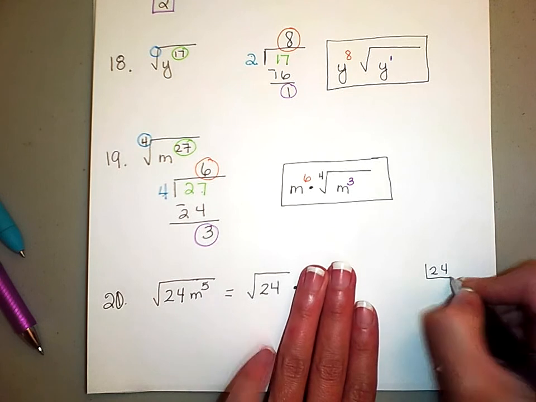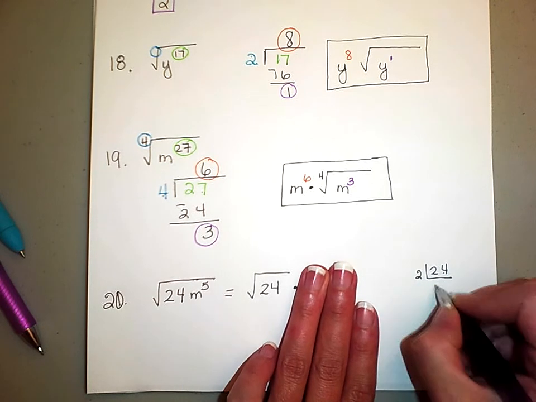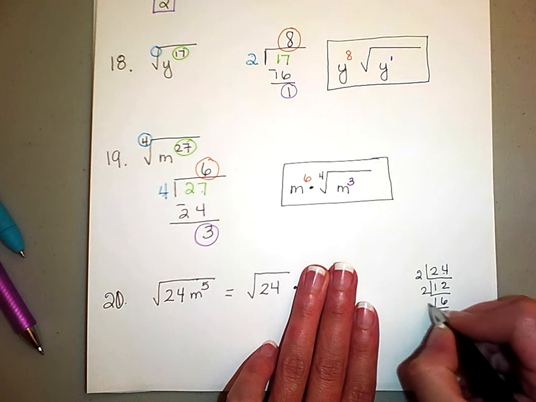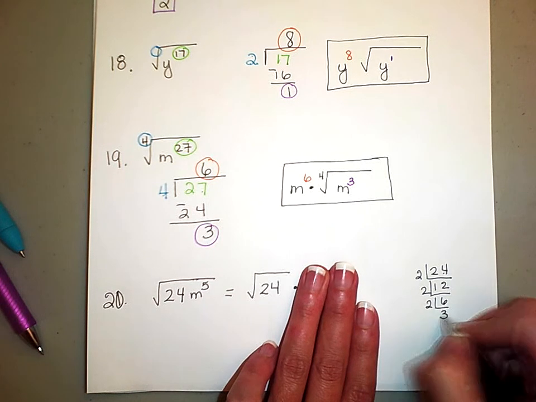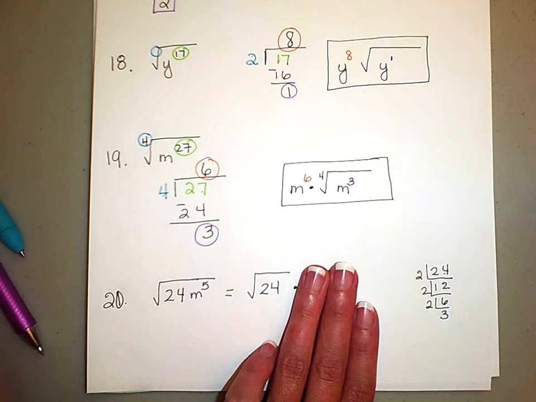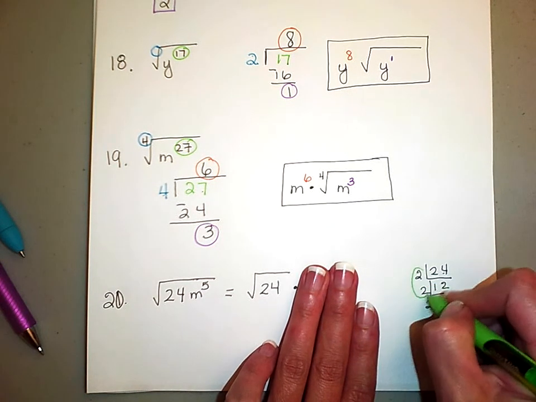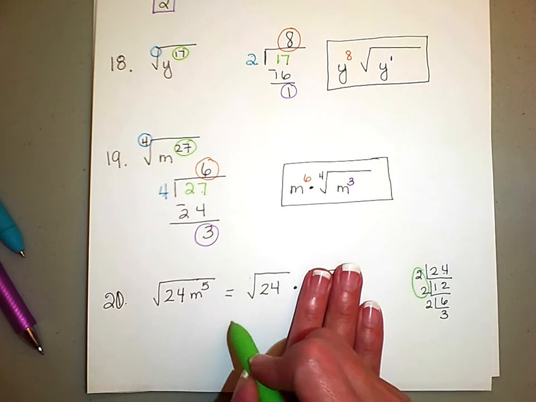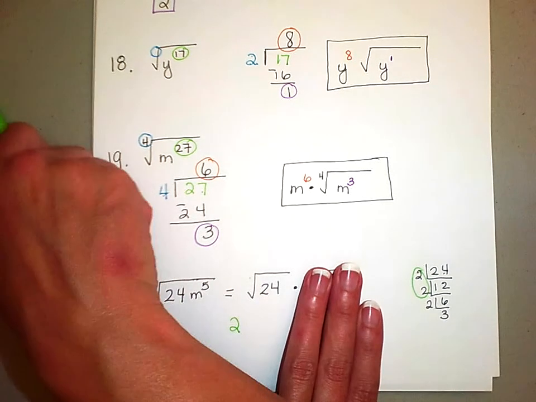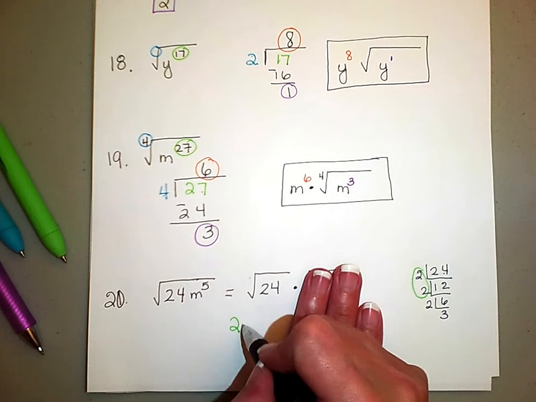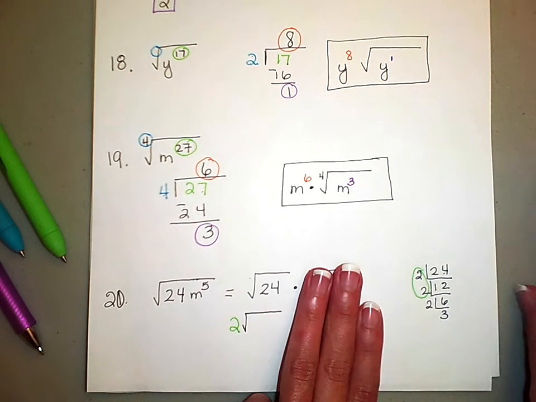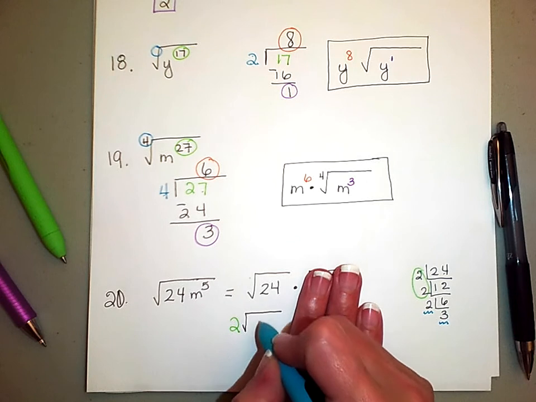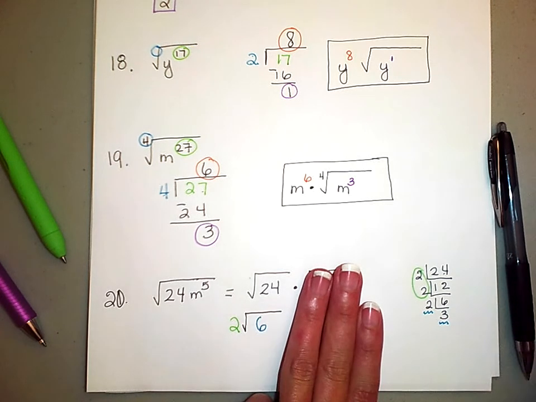We've done this multiple times. 2 goes in 12, 2 goes in 6, 2 goes in 3. So here, because I'm in the square root, there's a group of 2's that can come out. And then everything that doesn't have a pair gets multiplied back together. So this 2 times 3 gets put back under the radical.